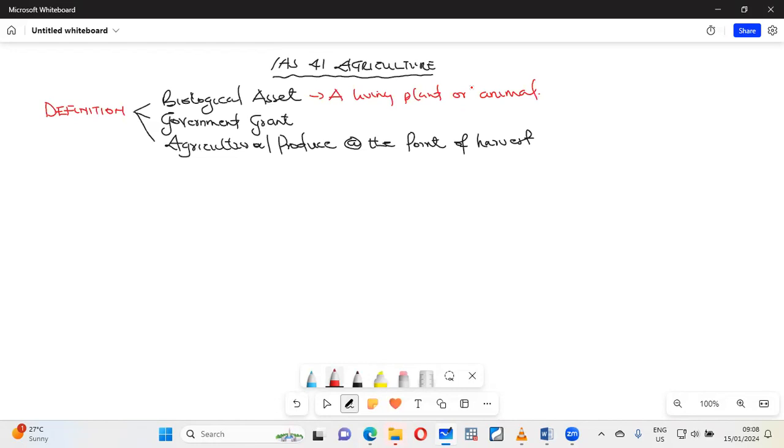So whilst the biological asset is a living plant or animal, the agricultural produce is the harvested product of a biological asset.